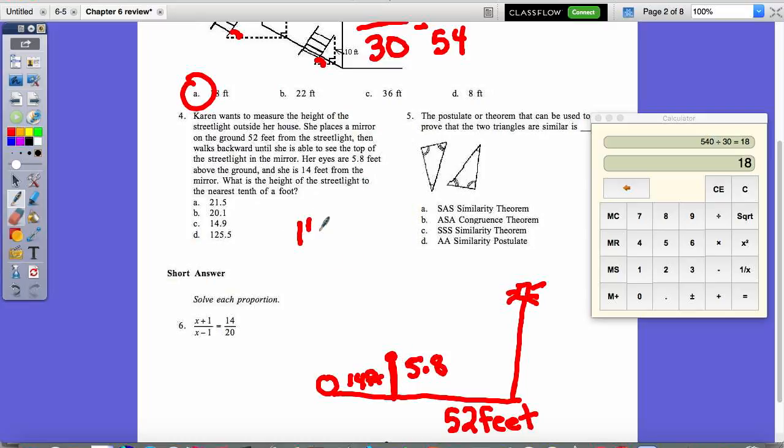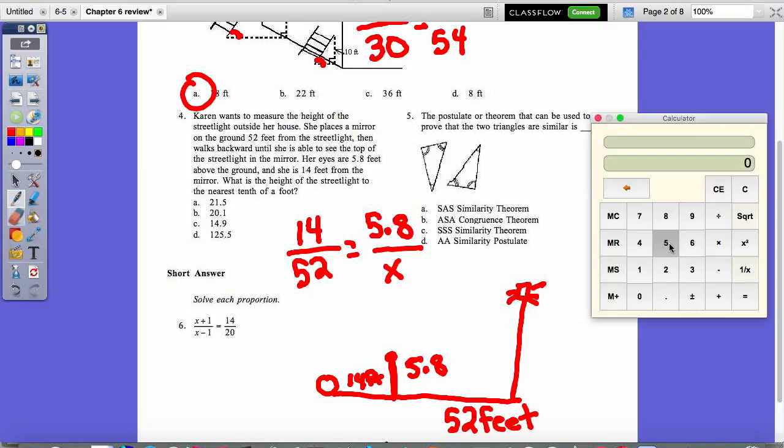So the distance of the mirror to herself corresponds to the distance of the mirror to the street light. Her height is going to correspond to the height of the mirror.